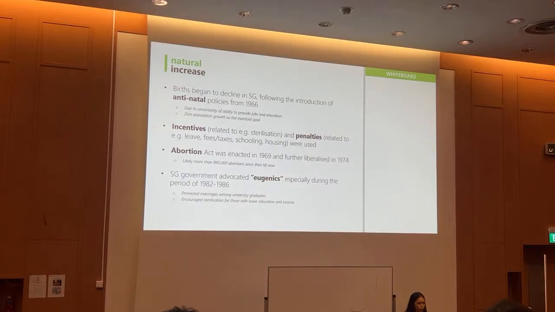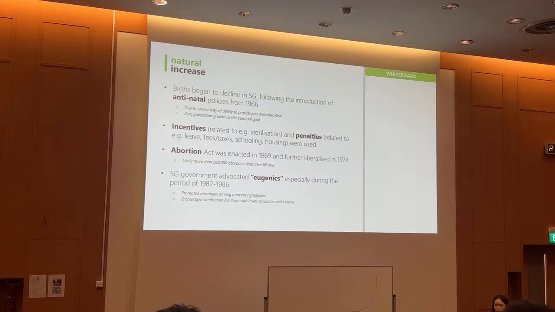So to control the number of babies and to slow down the birth rates, there was a combination of carrot and stick approaches carried out. On one hand, there were incentives to encourage people to reduce births. For example, incentives were given to encourage people to go for sterilization.